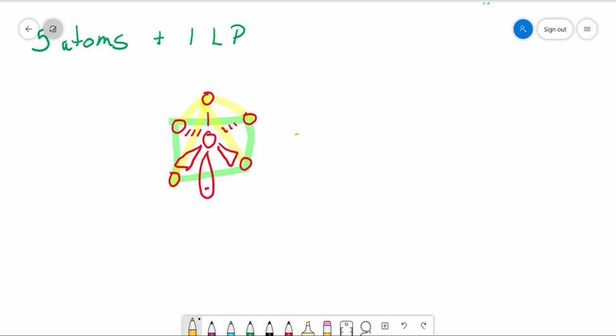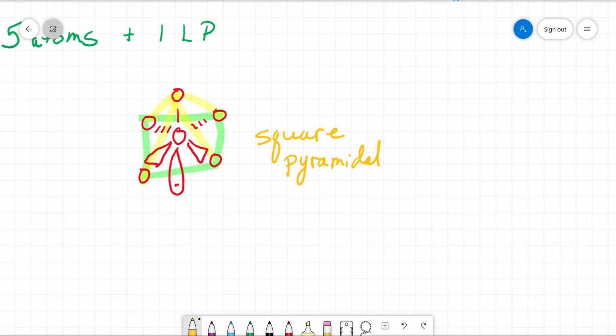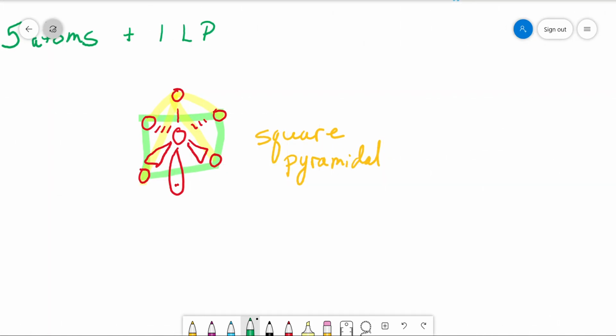And that is square pyramidal. Square pyramidal. And a good example of a square pyramidal molecule is ClF5. So chlorine in the middle, fluorines all around, except for that one position.